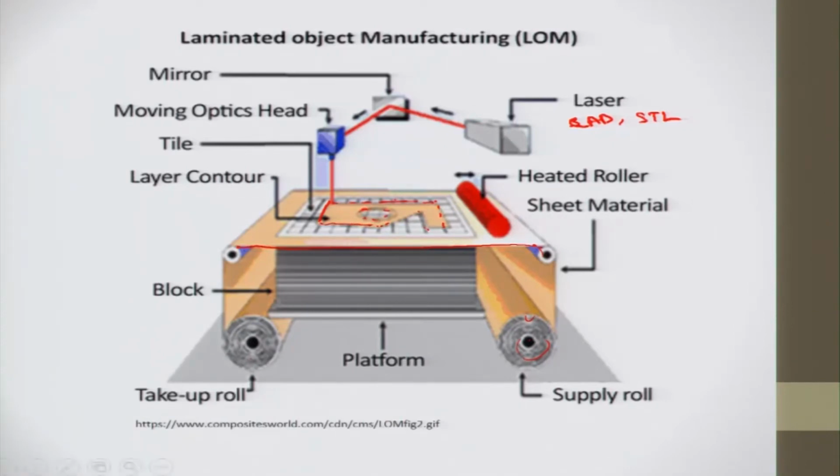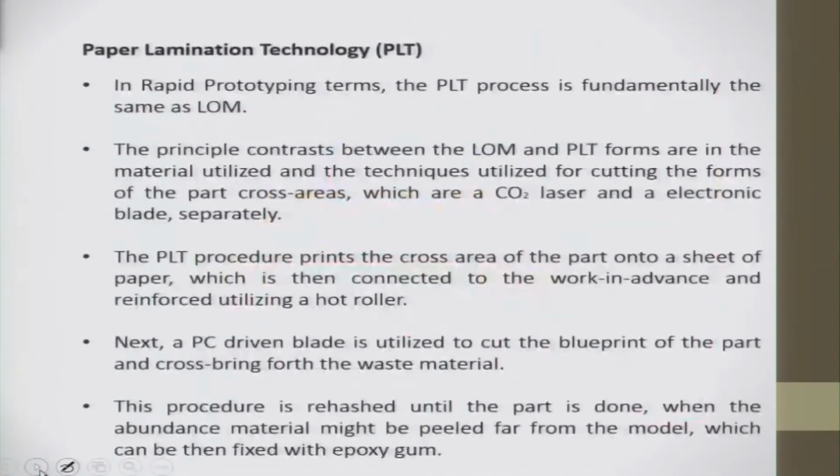After cutting this specific shape, the platform is then lowered here, and the second layer of sheet would be unrolled and come up here, and layer by layer it will keep on building this component, whatever is required. So, this is the laminated object manufacturing method.